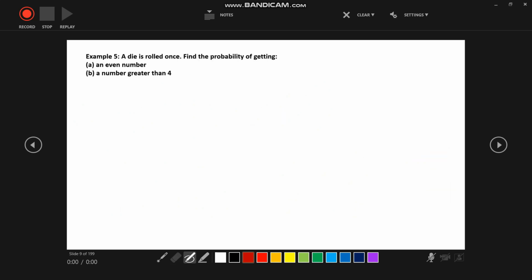I have another question, example 5. A die is rolled once. A is find the probability of getting an even number. B is find the probability of getting a number greater than 4. For A, we already solved that in the previous example. So the probability of an even number is 1 over 2, since it is a single roll of a die. And B, the probability of getting a number greater than 4.